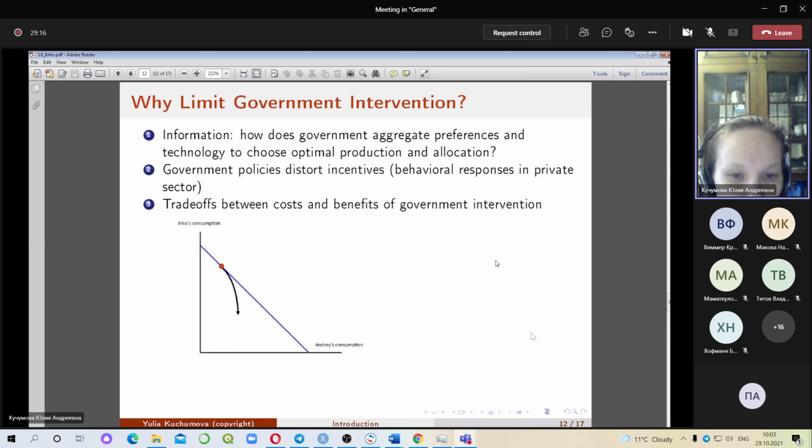Then the government can help to improve redistribution, but at a cost. We will lose some efficiency, shown by the fact that we move not along the budget line, not along the Pareto frontier, but inside of the budget set.